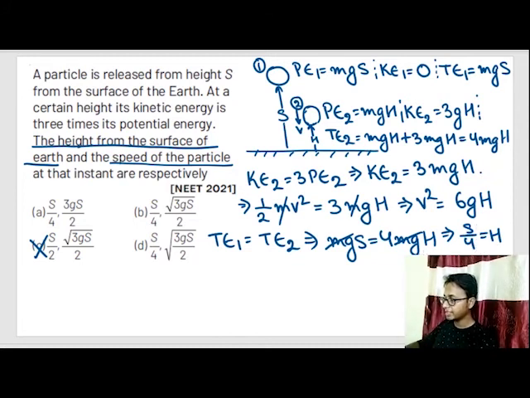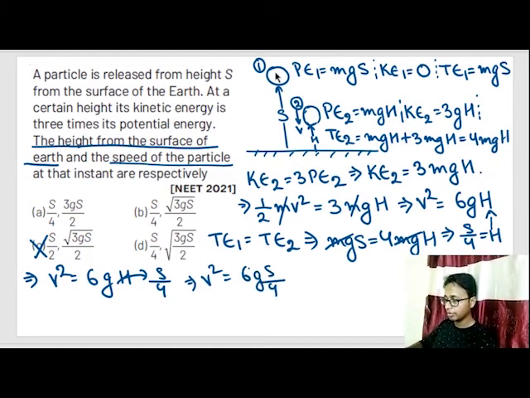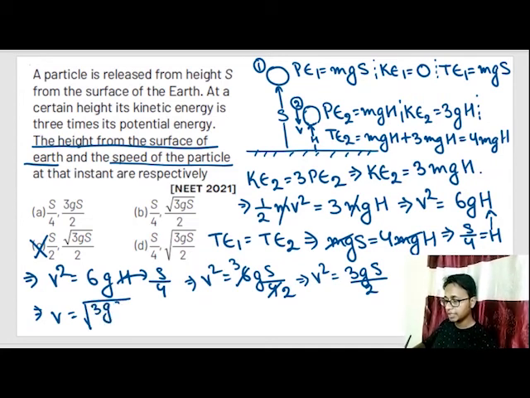Substituting h, v square equals 6 g s by 4, where s was the height at which the particle was raised. 2 3s are 6, 2 2s are 4, so v square equals 3gs by 2, or v equals under root of 3gs by 2.